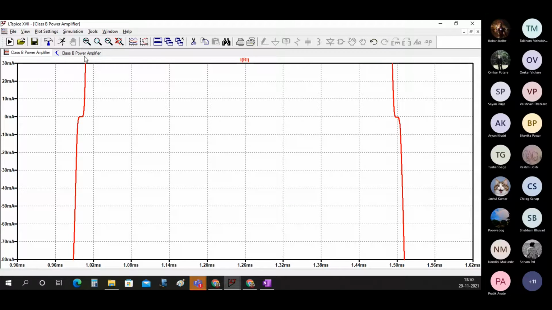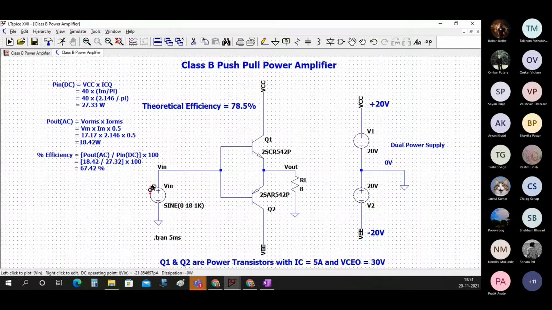Now the problem is because when you give an input here, it requires at least 0.7 volts for the first transistor to turn on, and till that point there is no current flowing through the upper transistor because it's not on, and that is the reason why the current flowing through RL is 0.